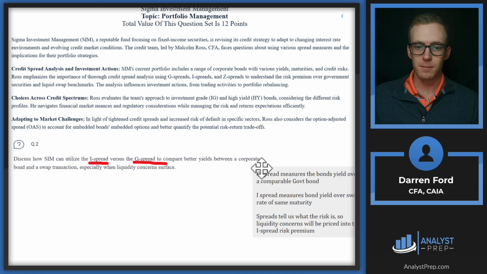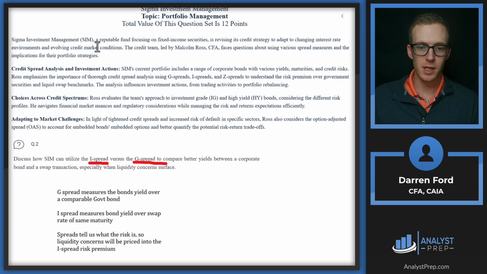All right. So I'm going to pull this in. So I'm just giving here G spread measures the bond yields over a comparable government bond. I spread measures bond yield over swap of the same maturity. So the G spread is measuring cash bonds, whereas the I spread is measuring swaps. So that's going to be key here for the discussion part. So spreads tell us what the risk is. And so liquidity concerns will be priced into the I spread risk premium.